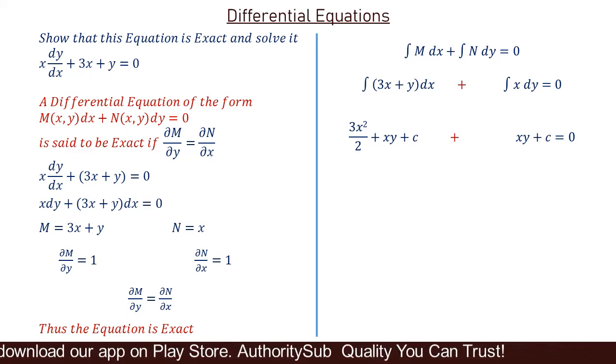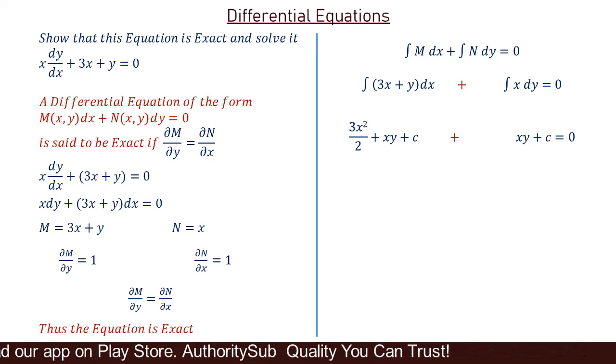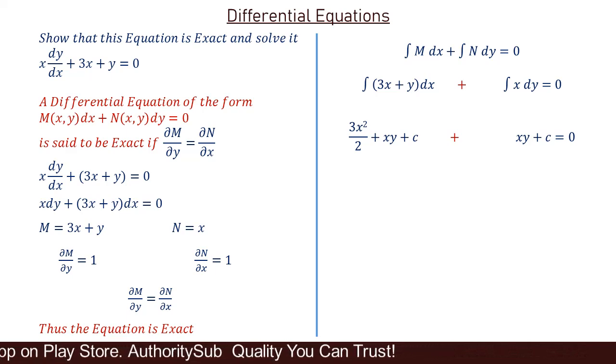Hello. Then the other part of the integral, that is integral of x with respect to y. When you integrate x with respect to y, we are going to have xy. Then we have plus c, which is equal to 0.